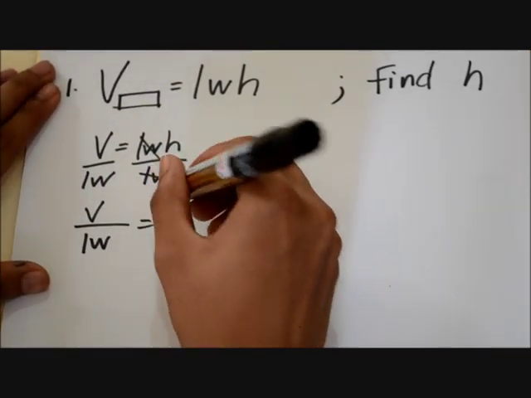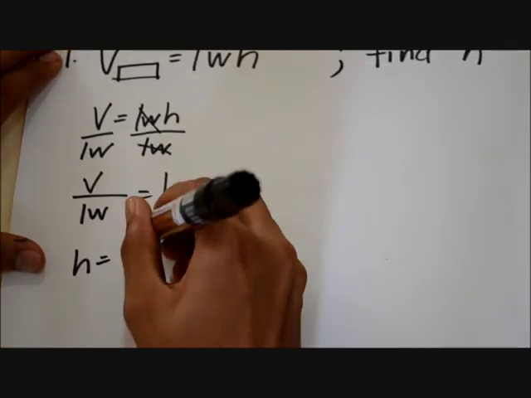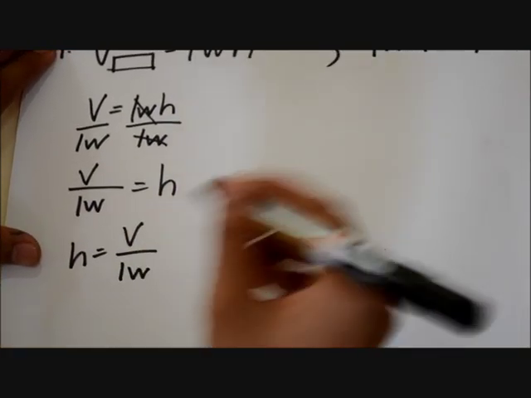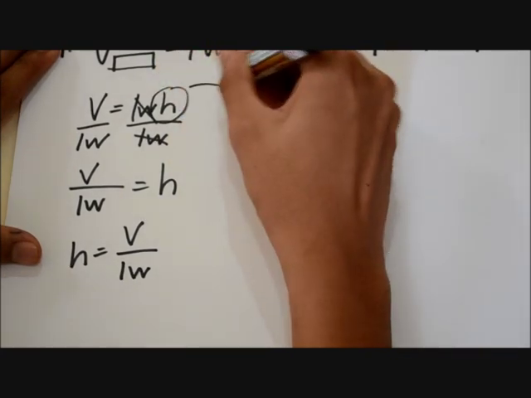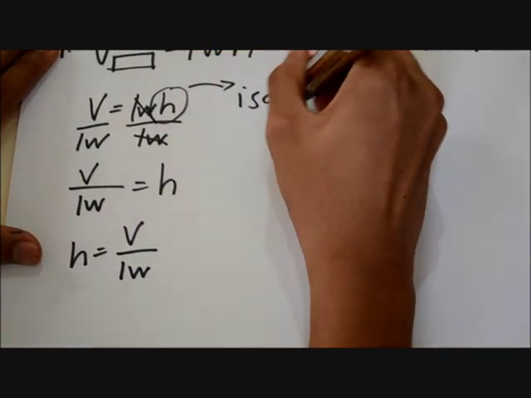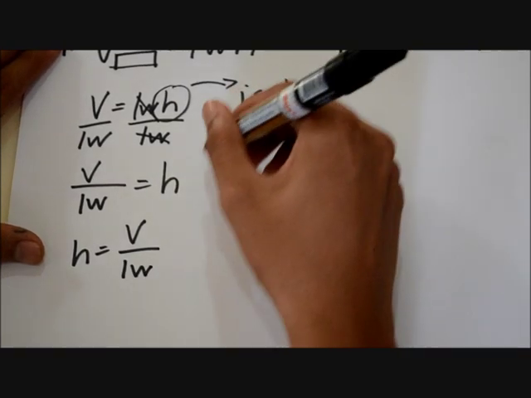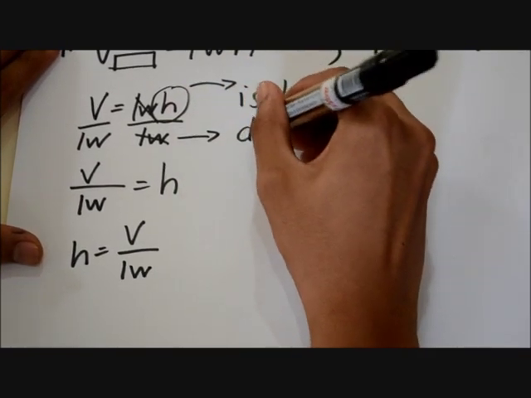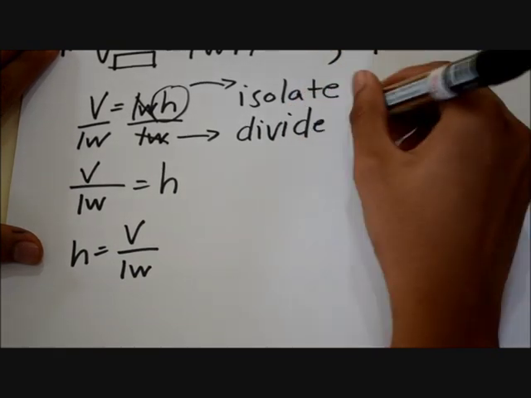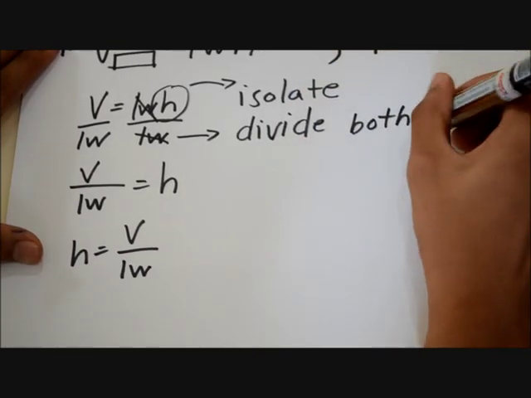We're just simply going to divide both sides of the equation with the value of length and width, leaving H by cancelling length and width at the right side. So the formula in finding the value of H is H equals V over L times W.